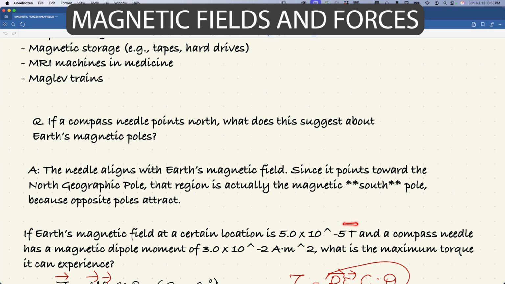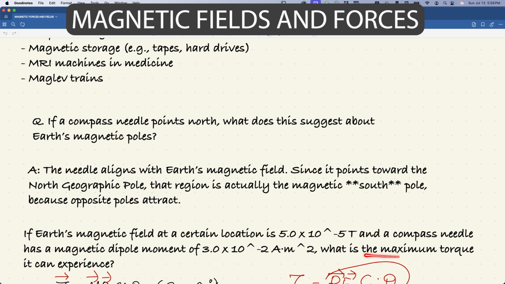Okay, so notice that the unit of magnetic field is Tesla, and the unit of magnetic dipole moment is ampere meter square. So all units of magnetism are specified using ampere, because the standard unit is ampere. There is no basic unit for magnetism. Everything is in terms of ampere. We'll get to that in a minute.